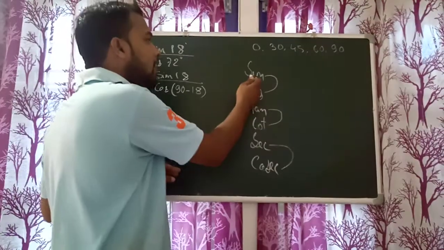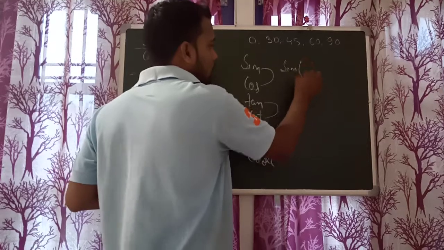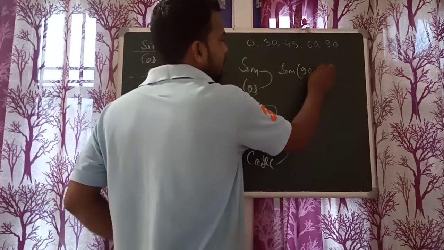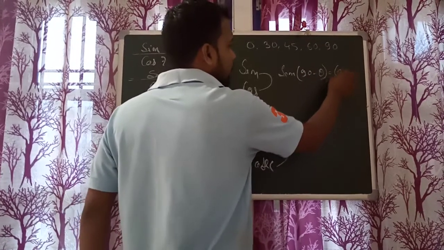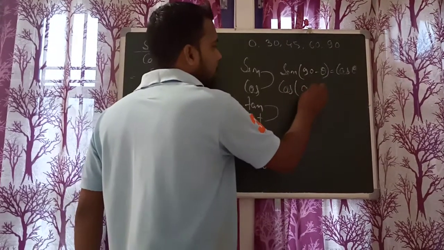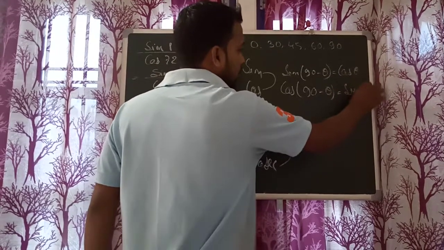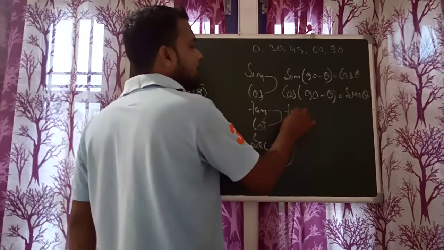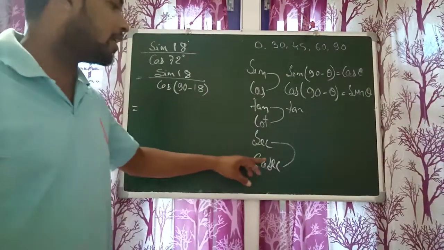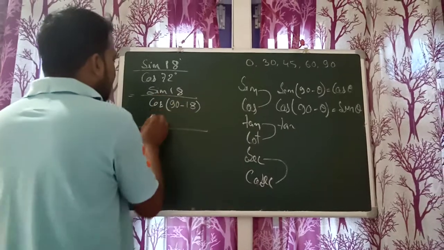Sin 90 minus theta is equal to cos theta. Cos 90 minus theta is equal to sin theta. Then tan 90 minus theta is cot theta, like this way, sec 90 minus theta is equal to cosec theta.